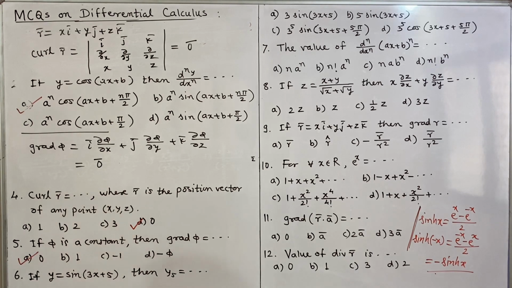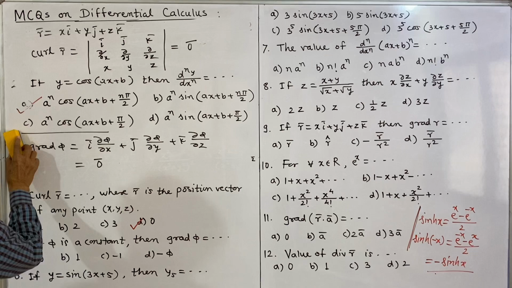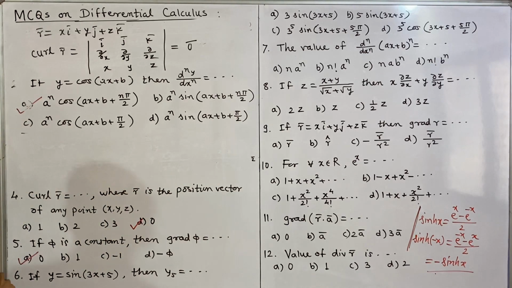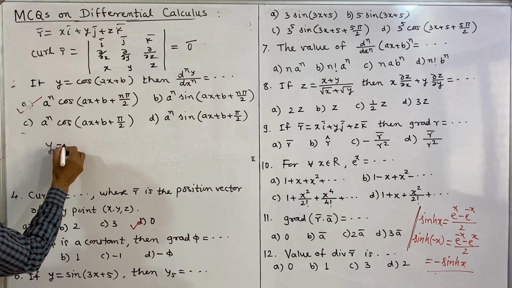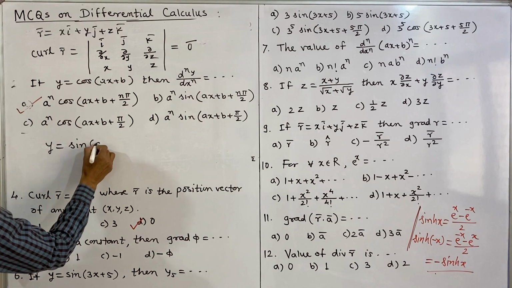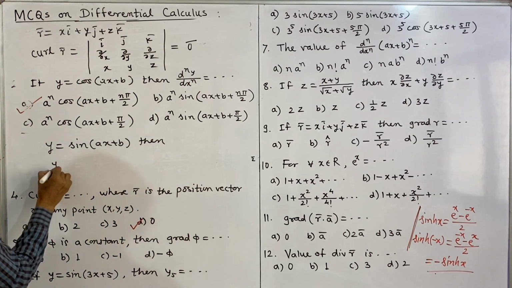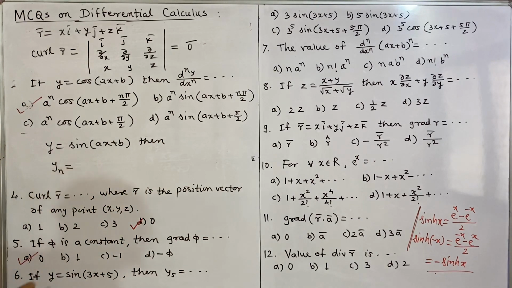And next is, if y is equal to sin(3x plus 5), then what is y5? So we have two types of results. That's why I have kept this result. If y is equal to sin(ax plus b), then yn is the nth derivative. yn means the nth derivative of y with respect to x.